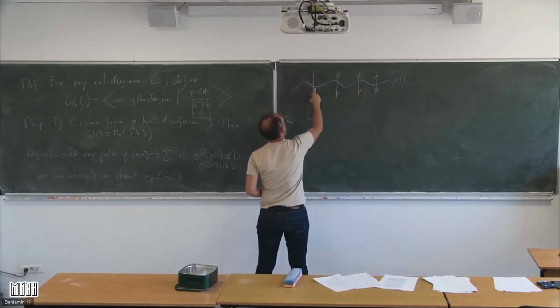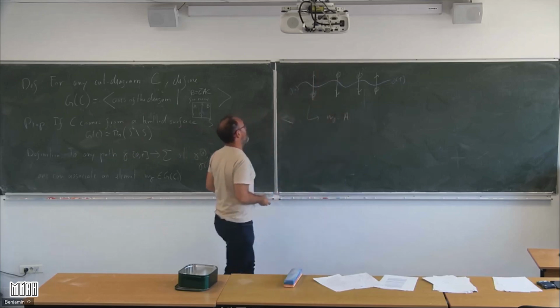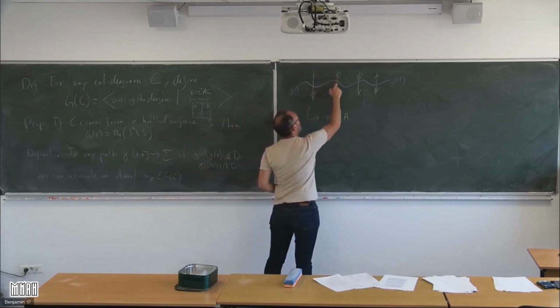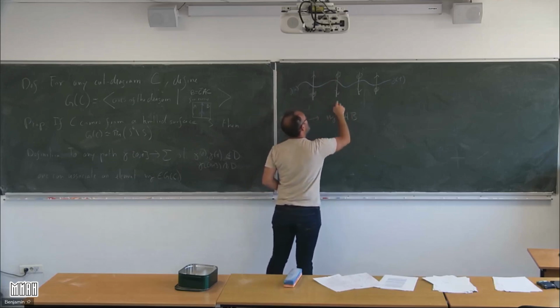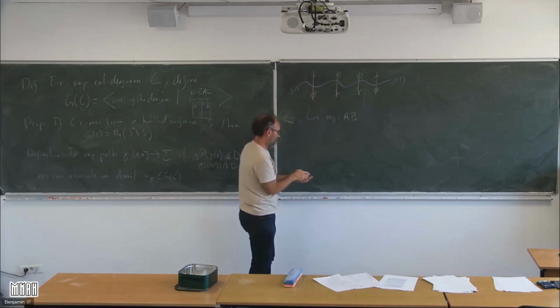So first, I meet this strand which is labeled by A. So I begin by the generator A. Then I meet B. But about the orientation, there is a sign which depends on the orientation.